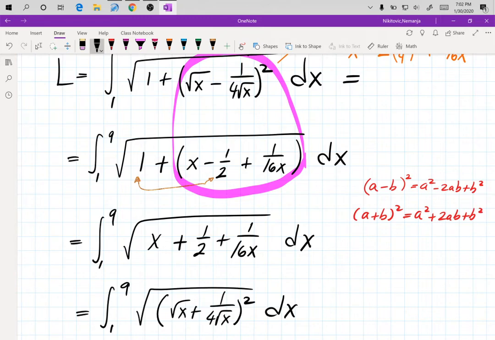So you don't have to worry, because this one and this one, technically, they get added into the second one, converting it.